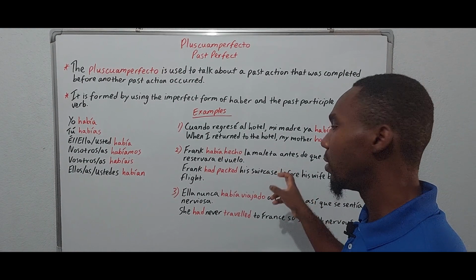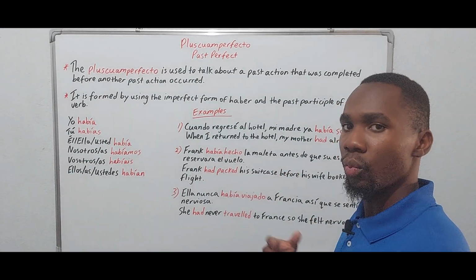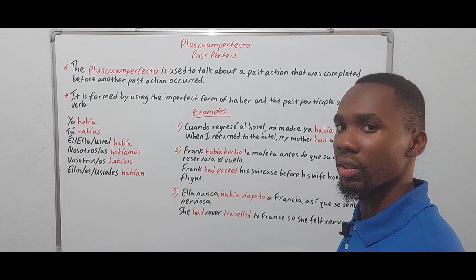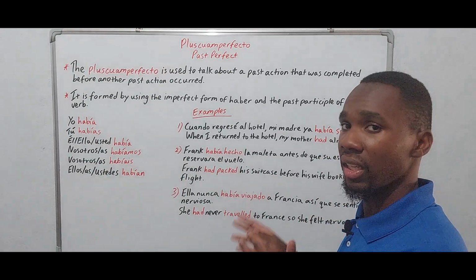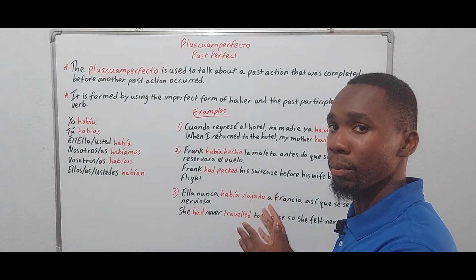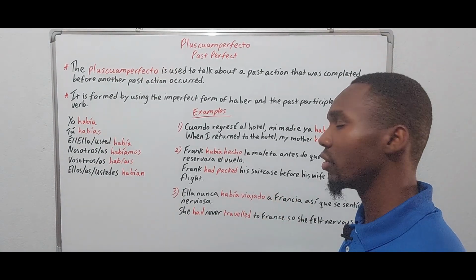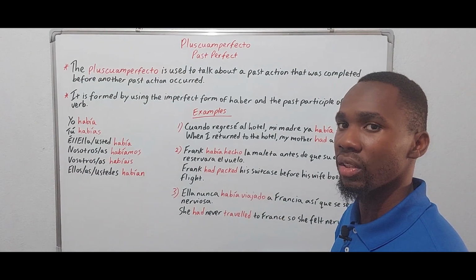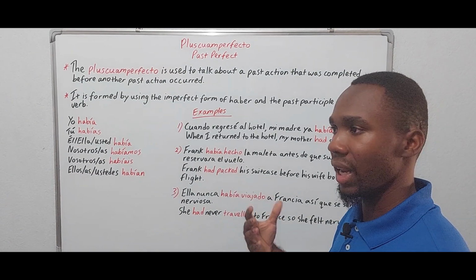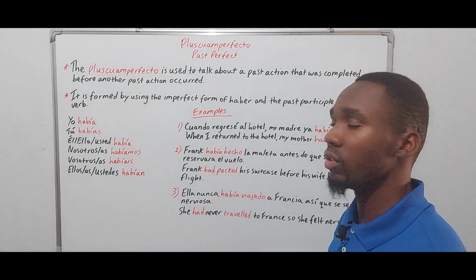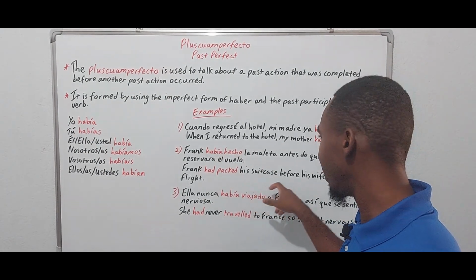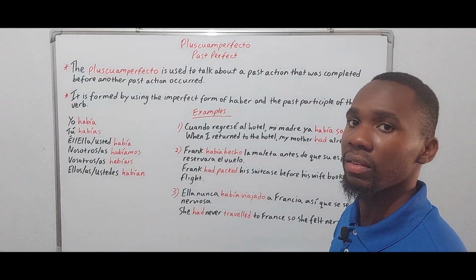So the antes de would be triggered to let us know that we need to use the past perfect, because it indicates that this action preceded that action. So anytime we get any indication that an action occurred before another action, we need to use the past perfect. The antes de would be the trigger in this case.